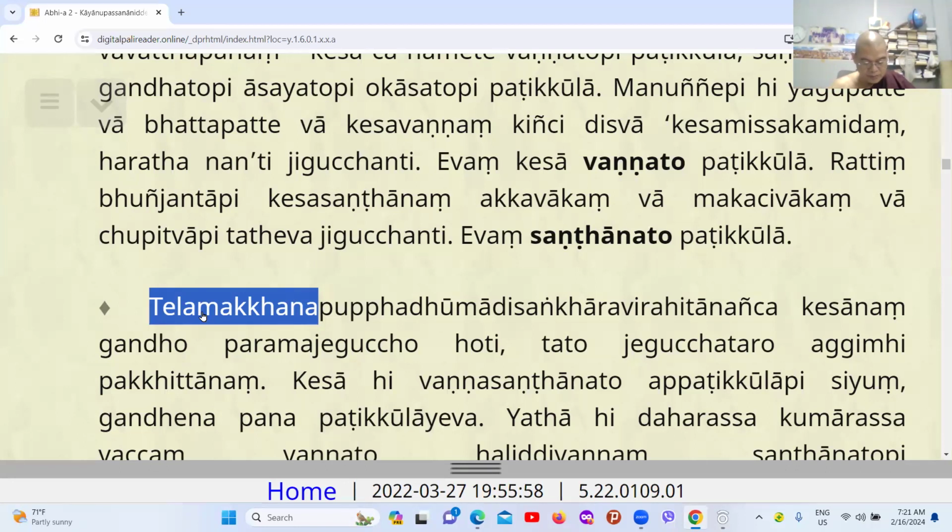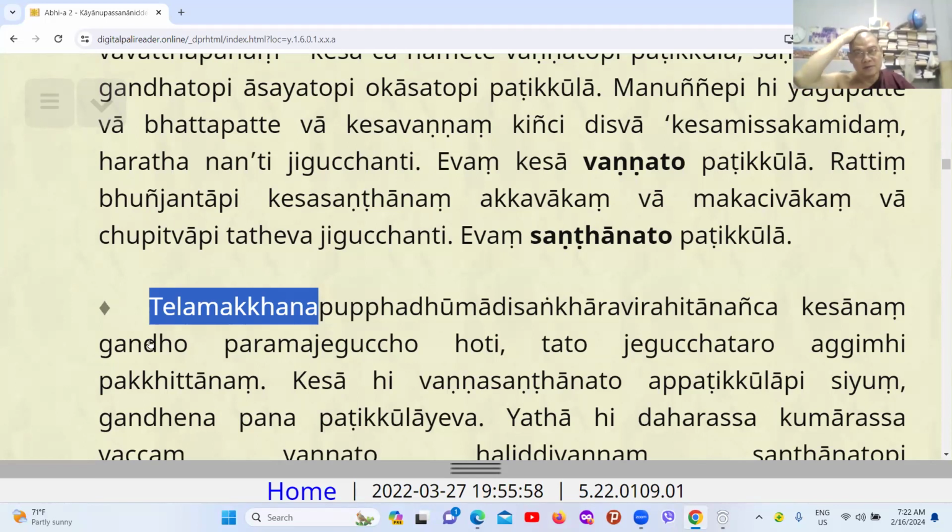Puppha dhuma sankara virahita. Puppha, the flowers, dhuma, a kind of ornament, perfume. So without making any decoration, without making with the flowers, without making with the ornament, without making with the oil, the smell of the kesa.